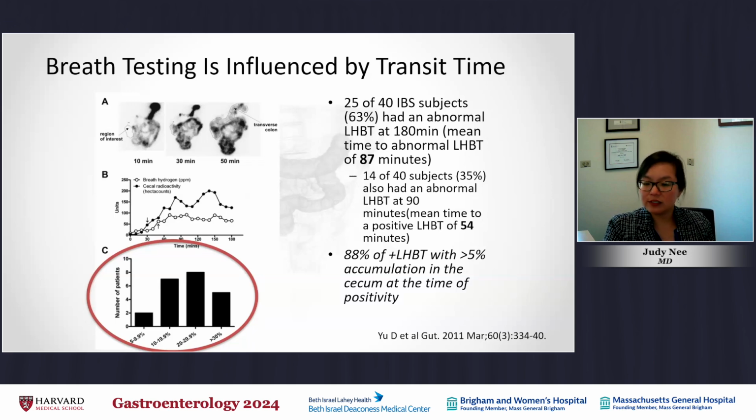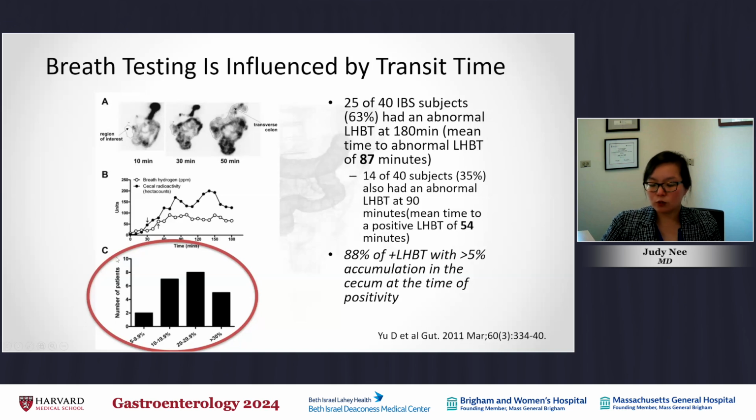So what they did was give this lactulose hydrogen breath test to IBS patients, but simultaneously they gave a nuclear scintigraphy study. What they found was that 63%, so a very high percentage, had abnormal lactulose hydrogen breath testing, and they waited until 180 minutes, so longer than the consensus guidelines. If they shortened it to 90 minutes, then that prevalence drops to about 35%, so a little more manageable.